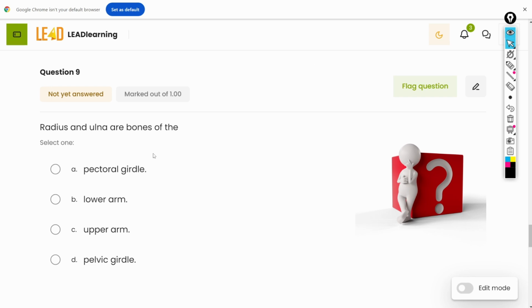Question 9. The radius and the ulna are bones of the... Now, if you look at the pectoral girdle under the human skeleton, there's a single bone that forms the upper arm. That is the humerus.